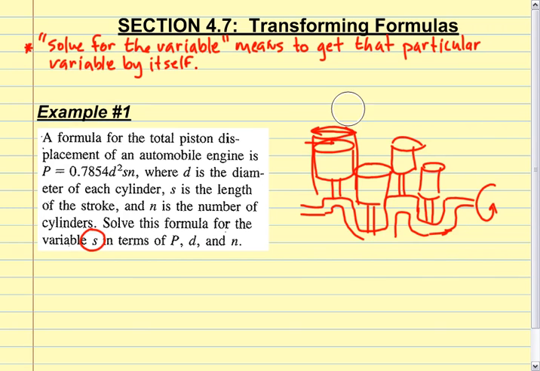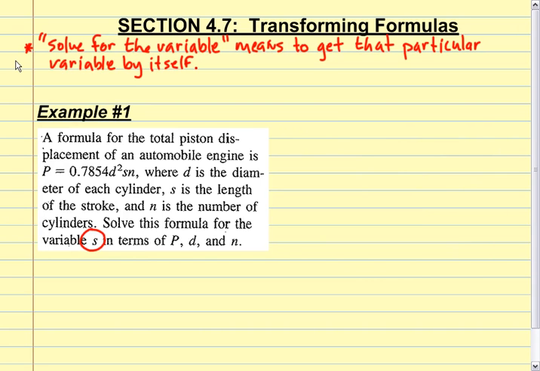So look, I'm just going to take this formula that they've given me, and it's P equals 0.7854 D squared S N. Now I want to get S by itself. Right now it's got this 0.7854 with it. It's got the D squared with it. It also has the N with it.